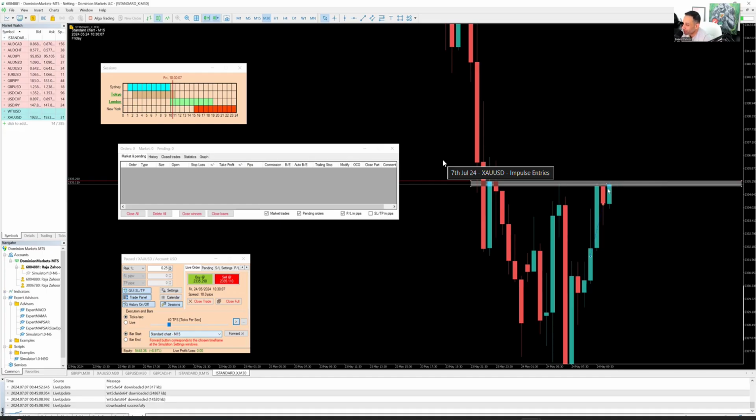But right over here, the impulse entry scenario is picture perfect, but we're breaking in the first few seconds. Once you see these things happen over and over again, you start to create a bias. You're like, yeah, I said don't execute in the first few seconds, but then again, sometimes you can. And then you can say, well, how do you know when you can and when you can't? The answer is you just got to watch it happen maybe 15 to 20 times. You just got to see it happen.